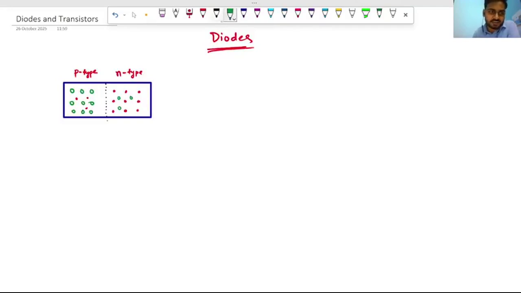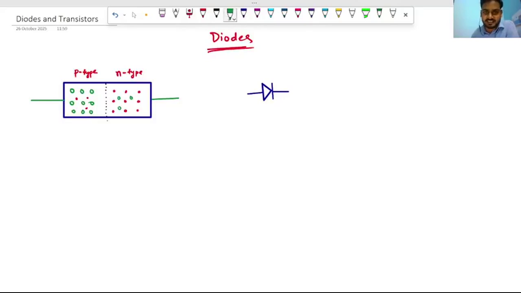And some contacts are there. This is a connecting contact, but we will not draw it like this when we go through this chapter. There is a symbol, and the symbol is very simple. This is the symbol of a PN junction diode.